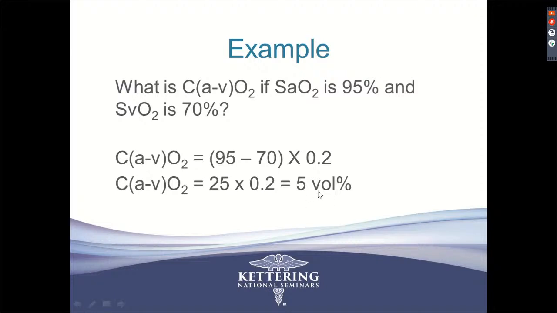So that's where that came from, 5 right here, right? So if I've got a normal SaO2 saturation, and I've got a normal SvO2 saturation, that means that my AV difference has got to be normal also, right? So that's just another way of looking at it.